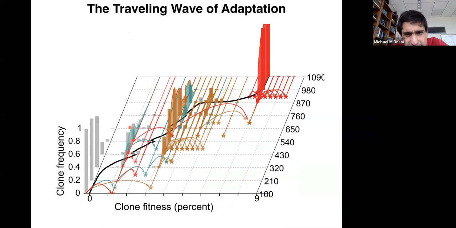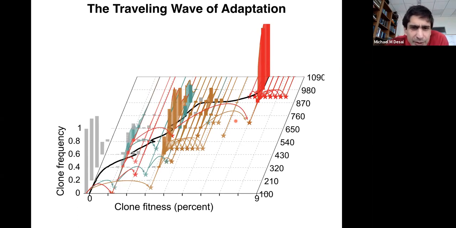They start to increase in frequency, but collectively that increases the average fitness of the population. That's this black line. Some lineages get left behind and go extinct, while new mutations are constantly arising. And the fate of each lineage is determined not by some individual mutation, but by this jumping and surfing process.